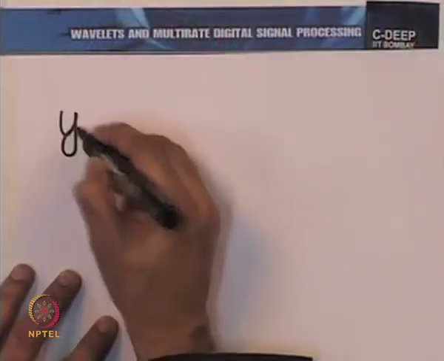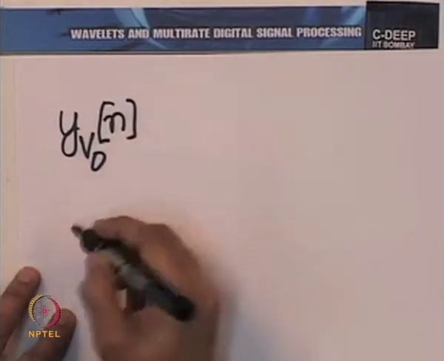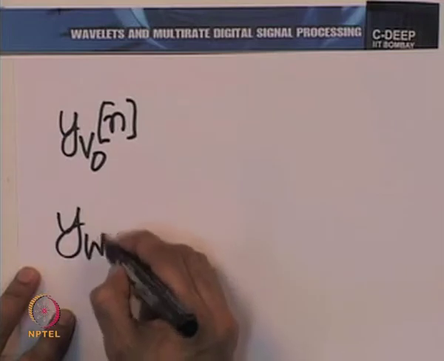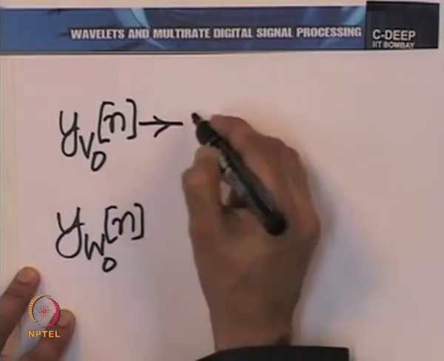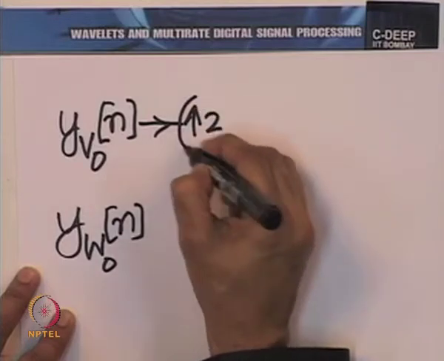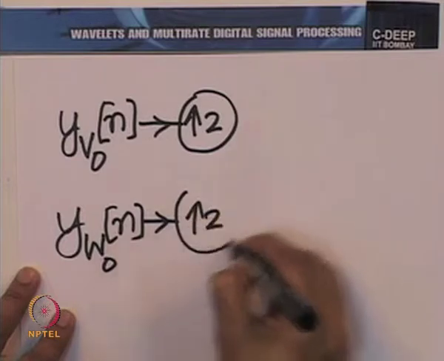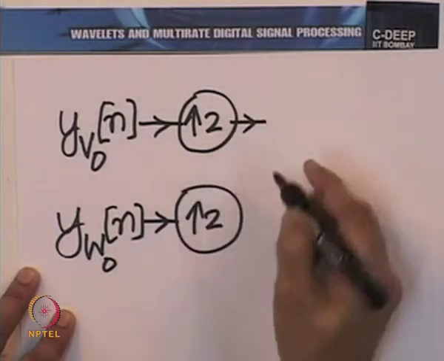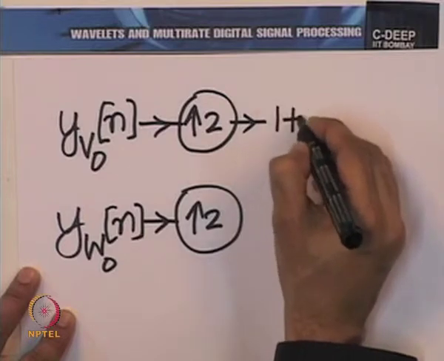So, what we are saying is this: I have this sequence corresponding to V 0, y V 0 n, and I have the sequence corresponding to W 0, y W 0 n. I have upsampled them. Now, I also subject this to the filter 1 plus Z inverse.